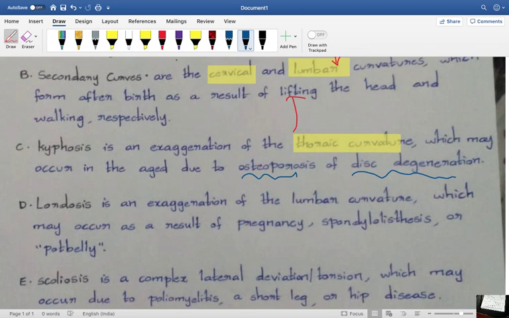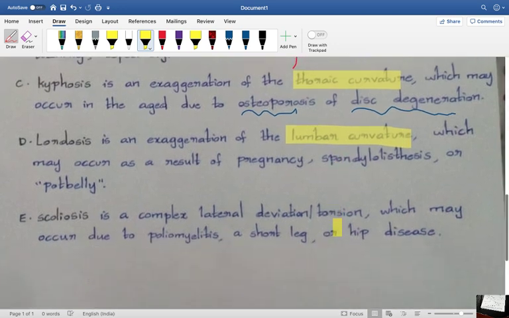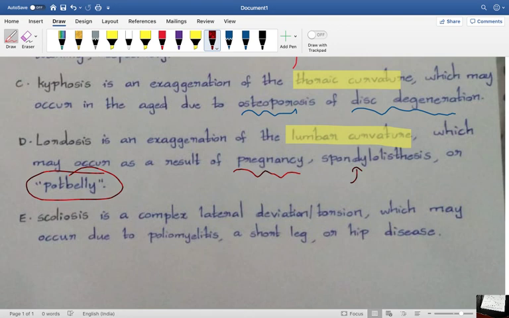Then lordosis. Lordosis is the exaggeration of the lumbar curvature. And what is the reason for it? Pregnancy, spondylolisthesis, slipping of one vertebra over that of the other. Khao, piyo, aish karo, pot belly.